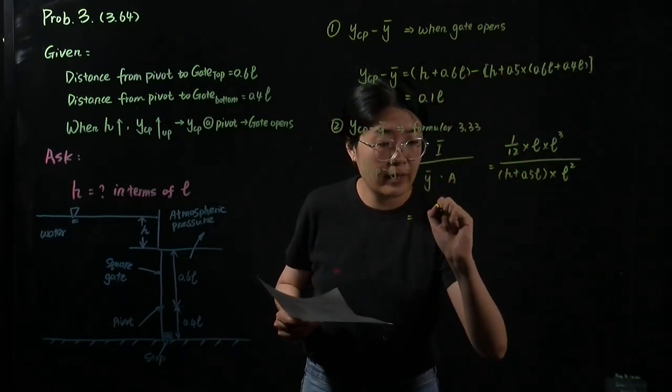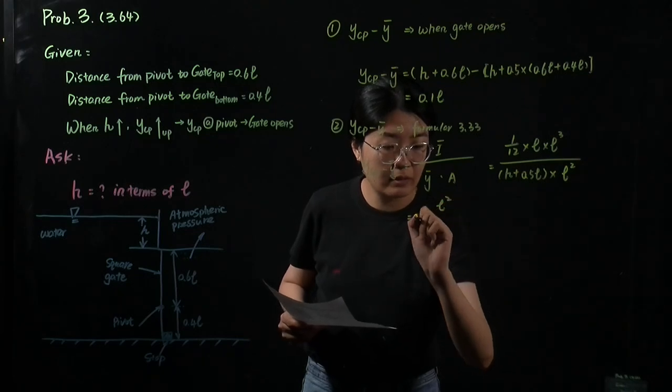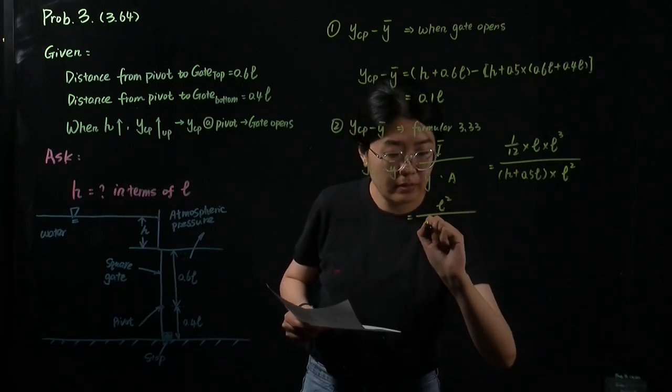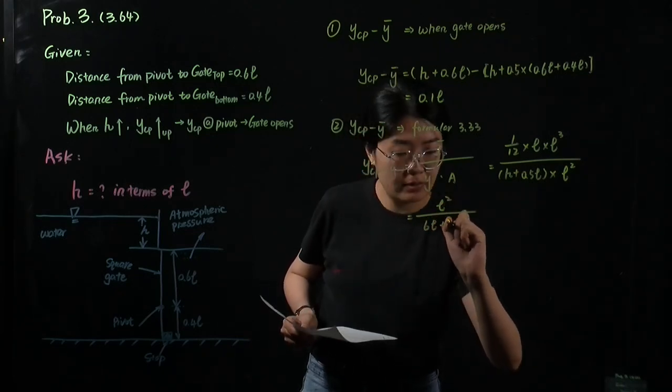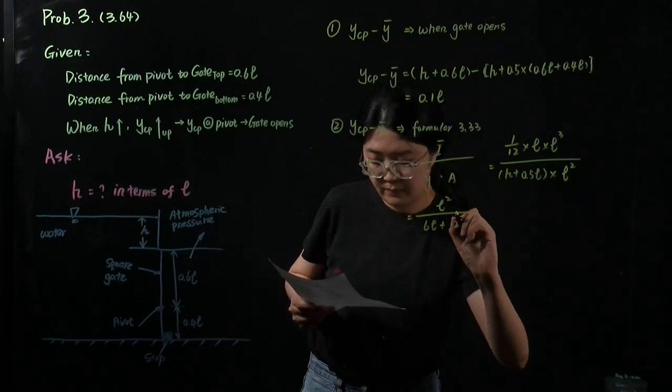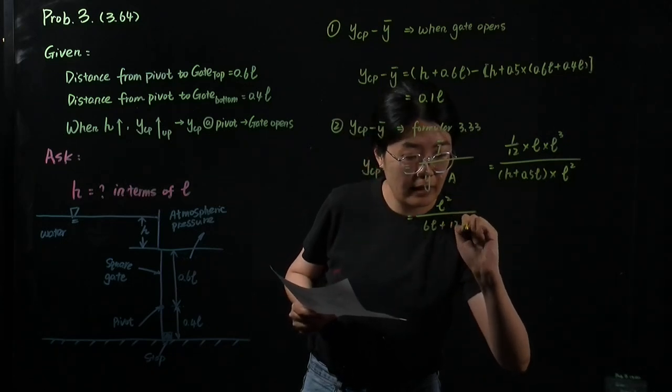So we will get L squared over 6L plus 12H.